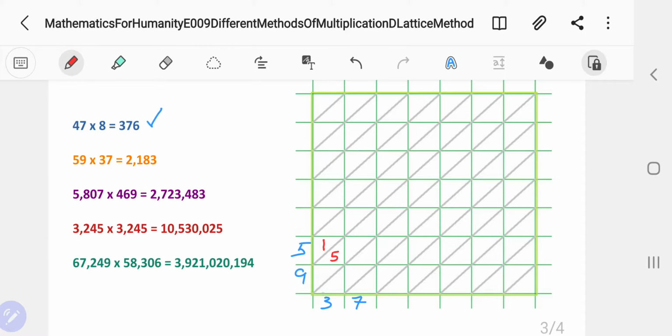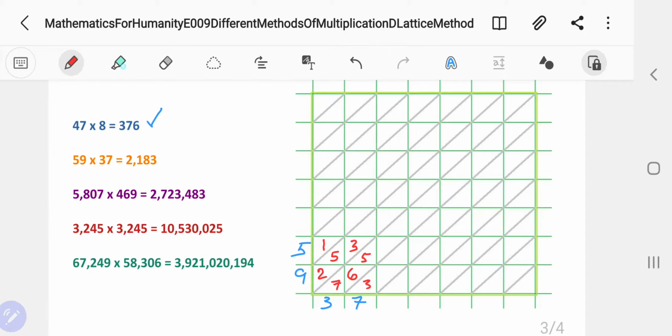And then 9 times 3 would be 27, so I write 2 here and 7 here. And then we have 7 times 5 would be 35, so I write 3 here and 5 here. And then 9 times 7 would be 63, so I write 6 there and 3 here. And then I do diagonal addition.